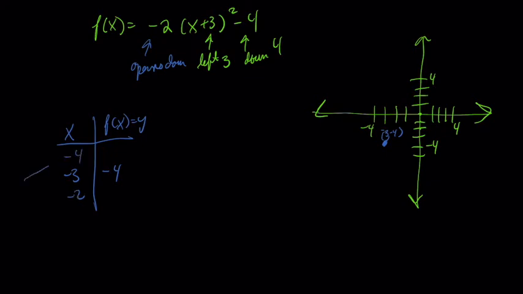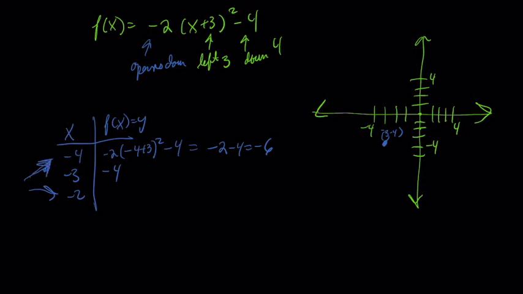I'm also going to take a look at negative 4 and negative 2. I want to pick the 2 points closest to negative 3. So I have negative 2 times negative 4 plus 3 squared minus 4. That gives me negative 4 plus 3 is negative 1. Squared is a positive 1 times negative 2. So I get negative 2 minus 4, which is negative 6.